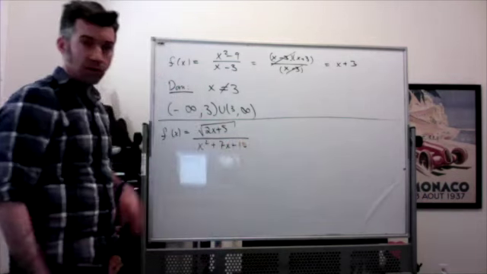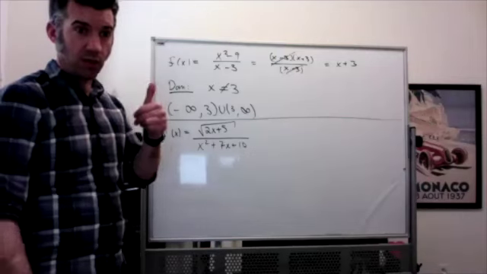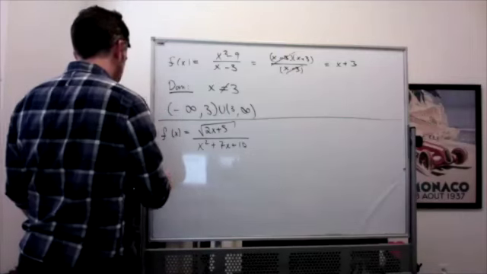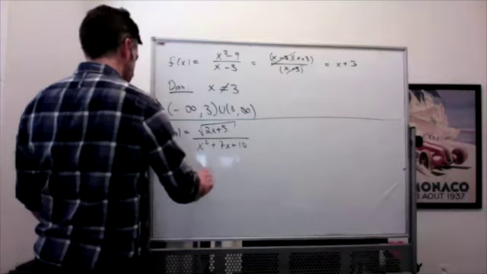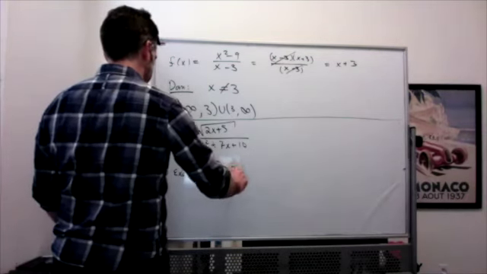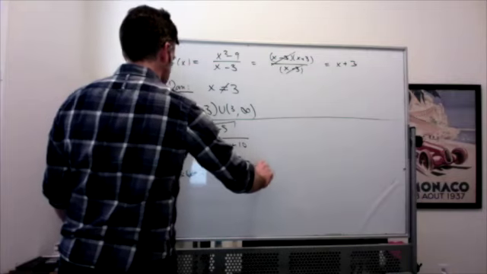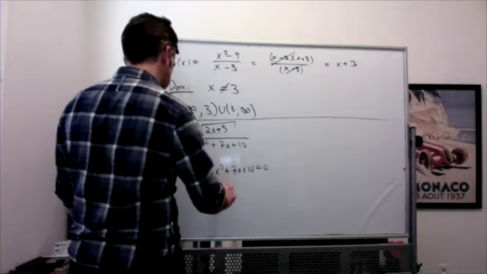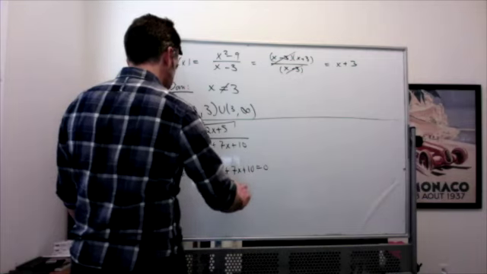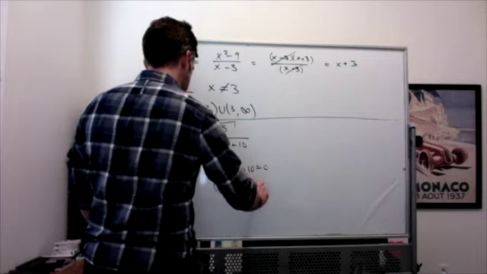And again, there are two things to consider here. Thing one, I don't want division by 0. So we need to exclude where x squared plus 7x plus 10 equals 0. This factors as x plus 5 times x plus 2.